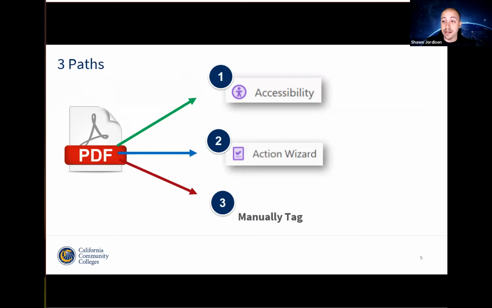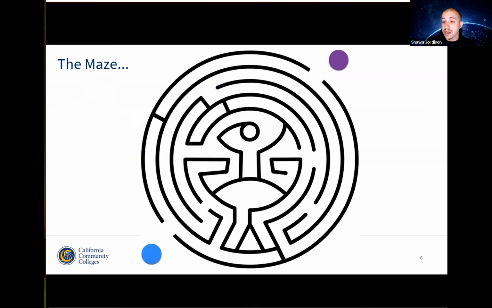We could spend a good hour on every one of these topics. So it's important to note that PDF accessibility is kind of like a maze. Accessibility is sort of like a maze in general. There could be many different ways to fix the same error. And it's important to know all the tools in your toolbox. That way you can use the right tool for the job.